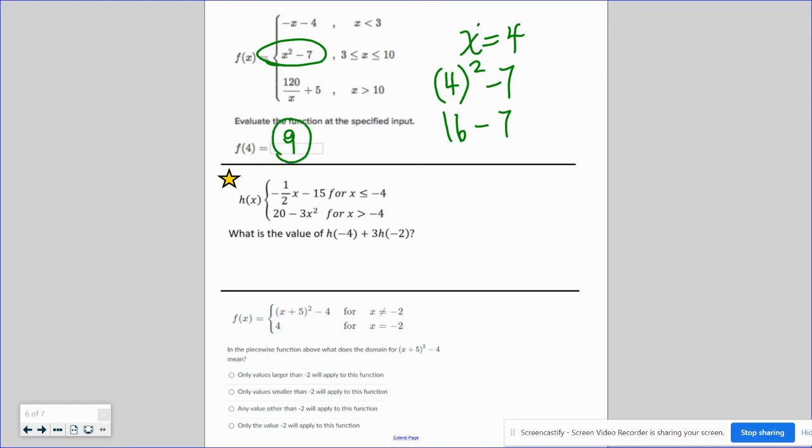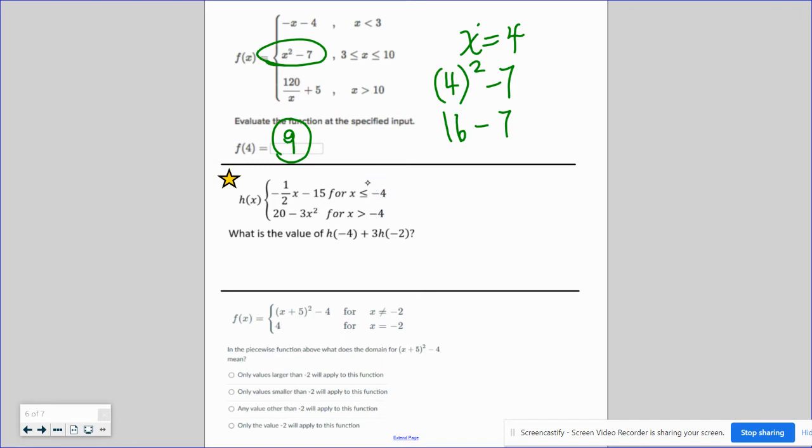I challenge you to stop a moment and pause and see if you can do this next one now. Because again, starred, it is an EOC release style question. You need to be able to do this by the end of the semester because we are going to kick this EOC's butt. All right, h of -4, we're in our h function. We're looking for which one -4 fits.